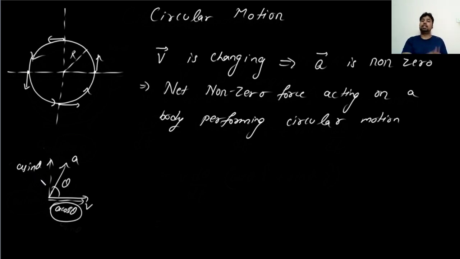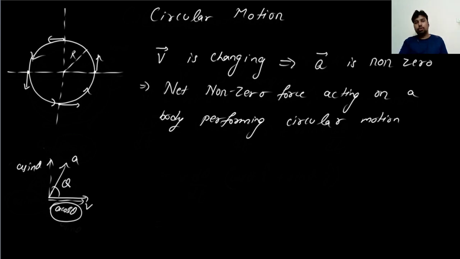The acceleration along the direction of velocity will change the magnitude of the velocity, and the perpendicular component will change the direction. In circular motion, we know that magnitude may or may not change, but direction is always changing.